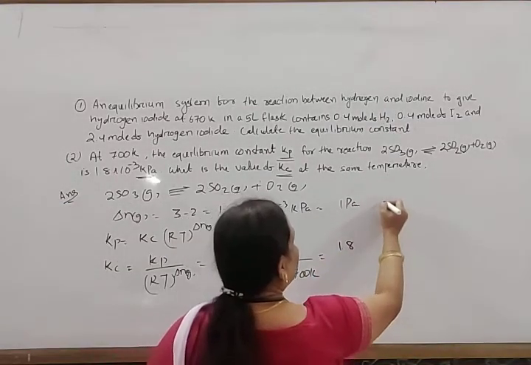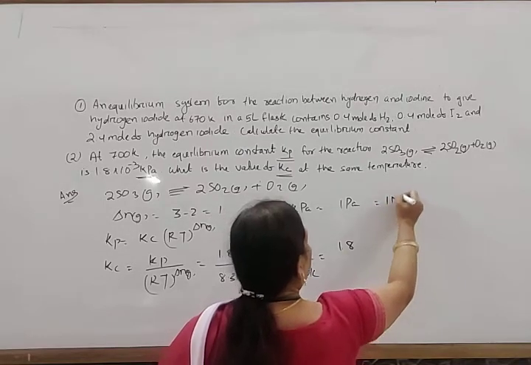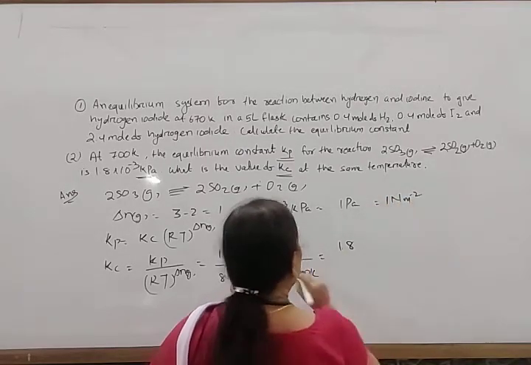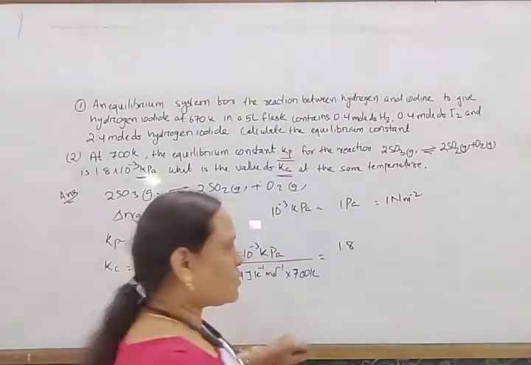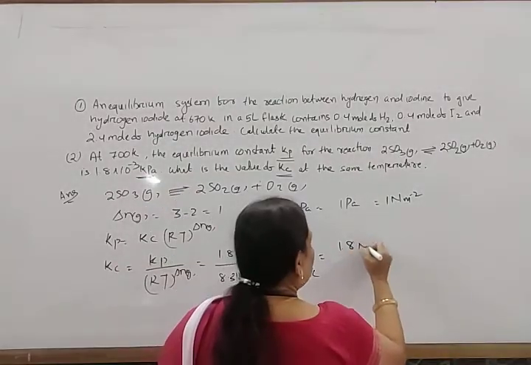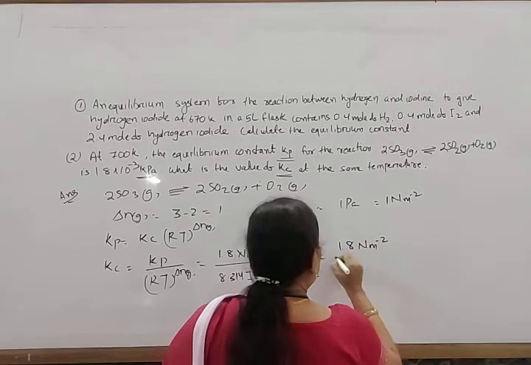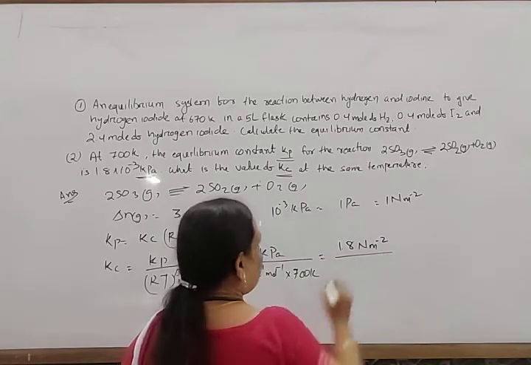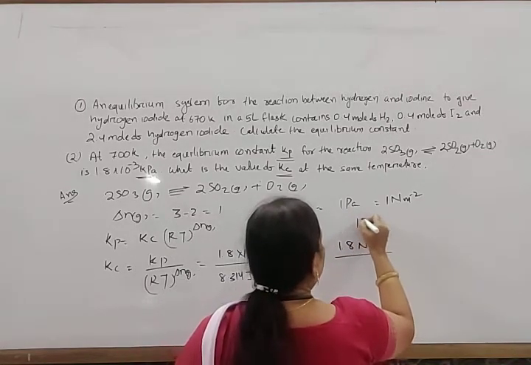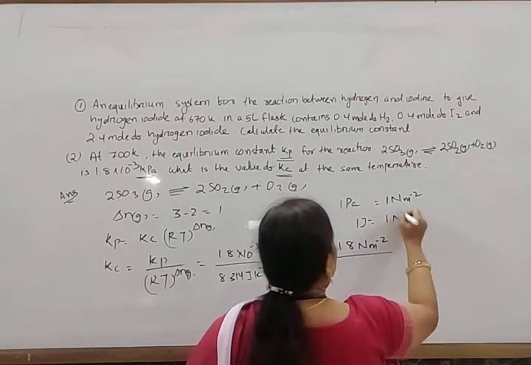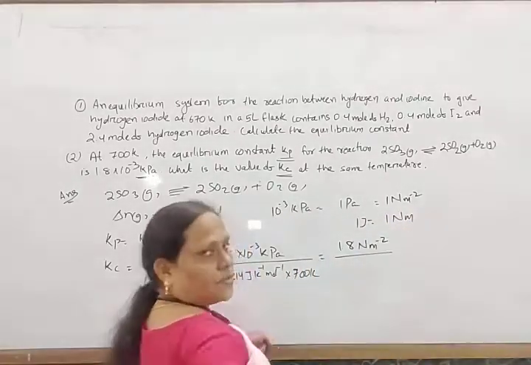Now 1 pascal is equal to 1 Newton meter to the minus 2; this is the pressure, Newton per meter square. So 1.8 Newton meter to the minus 2 divided by joule, and again 1 joule is equal to 1 Newton meter, force into distance.